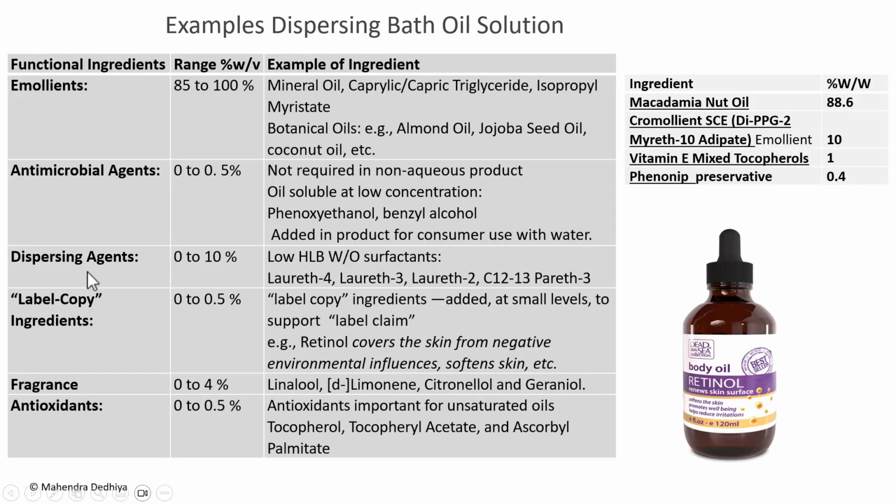Let's look now at an example of a dispersing bath oil in cosmetics. Generally, dispersing bath oils are used in such a way that they provide a milky white product upon putting on the skin with water. They contain emollients and the range is from 85 to 100%. Examples are mineral oil, caprylic acid triglyceride, isopropyl myristate, and there are many emollients used.